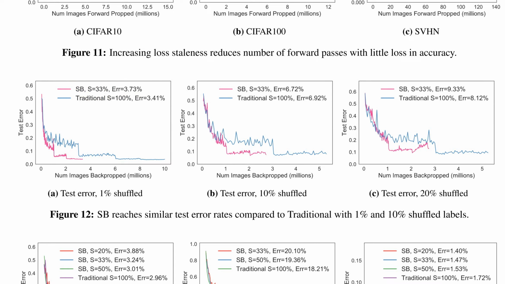So you see the selective backprop is much faster in reaching a low error, and this first thing is simply with 1% of the labels shuffled. So 1% of the images are mislabeled. Selective backprop is still much faster than the traditional trajectory. If you go to 10% shuffled, you can still see selective backprop is faster in reaching a low error. Of course, the error now generally is higher.